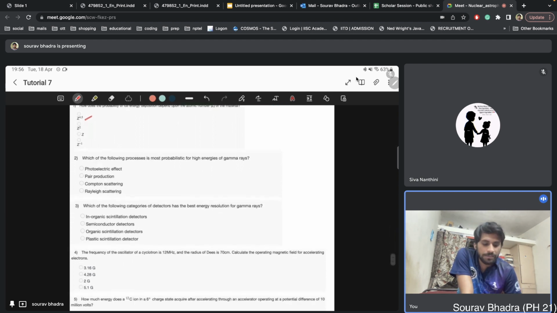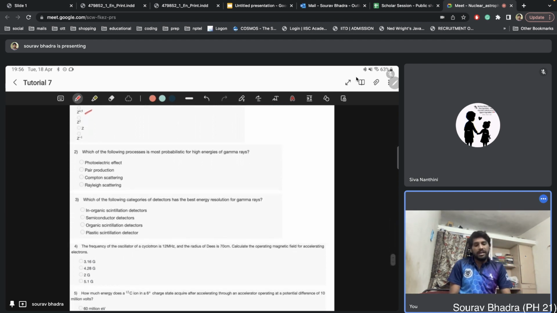High energy gamma rays have enough energy to go through pair production, because at low energy the photoelectric effect and Compton scattering happen. When the energy crosses the threshold of pair production, which is 1.02 MeV, it is the rest mass energy of one electron and one positron.